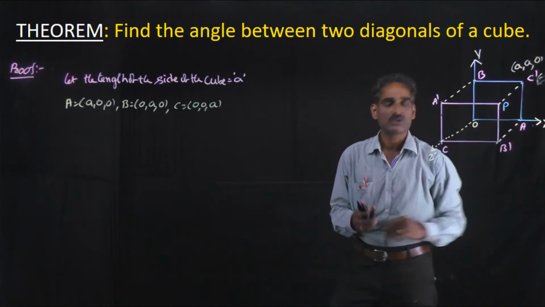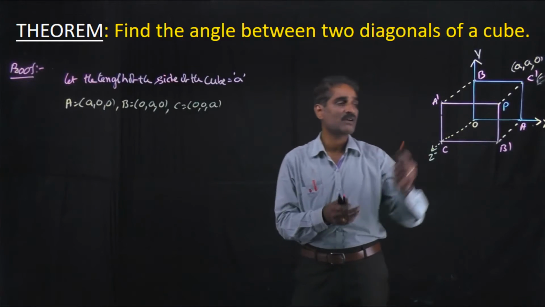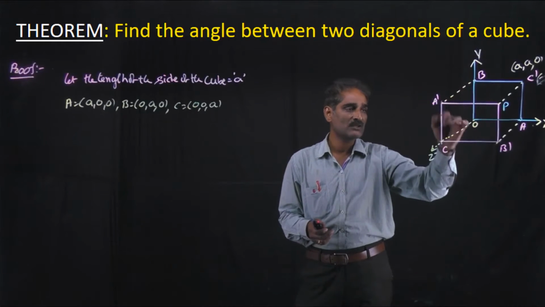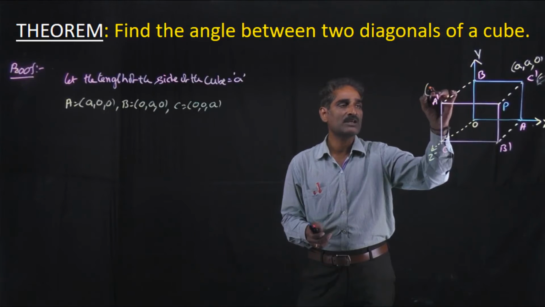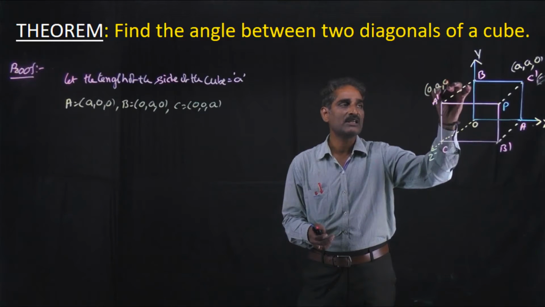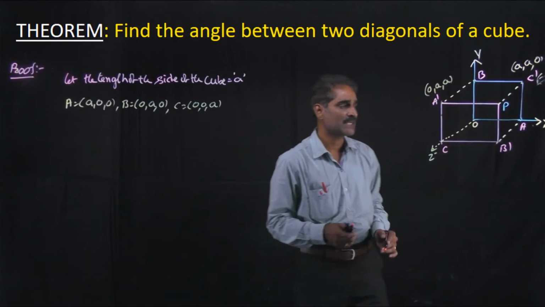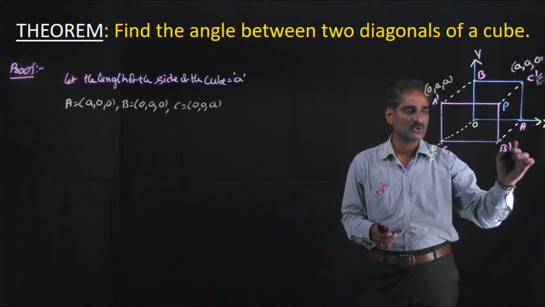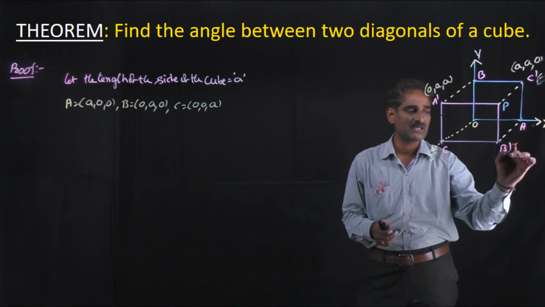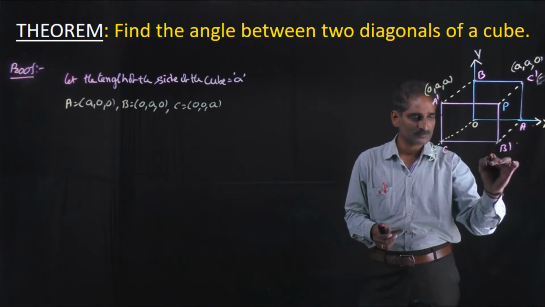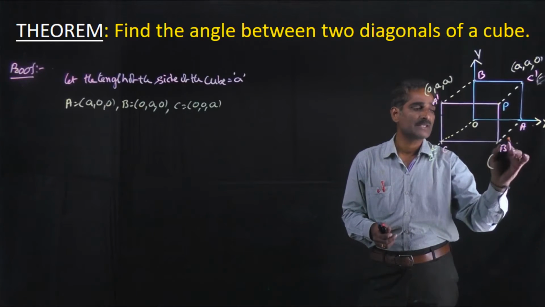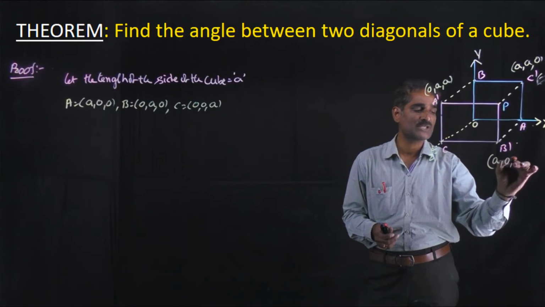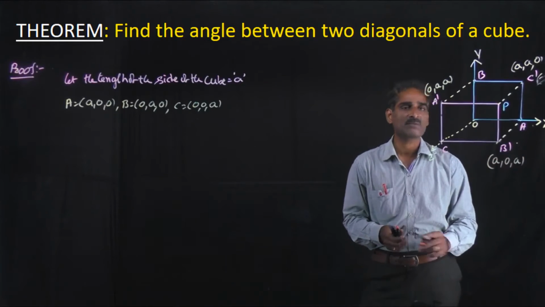Similarly, write down the coordinates of A dash. It is a point in the YZ plane. These lengths are a. Therefore, the x coordinate is 0, so it is 0, a, a. B dash is a point in the XZ plane. Here the y coordinate is 0 and these two lengths are a and a. Therefore, the x coordinate is a, the y coordinate is 0, and the z coordinate is a.